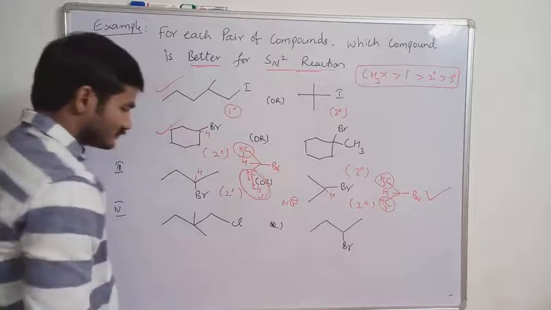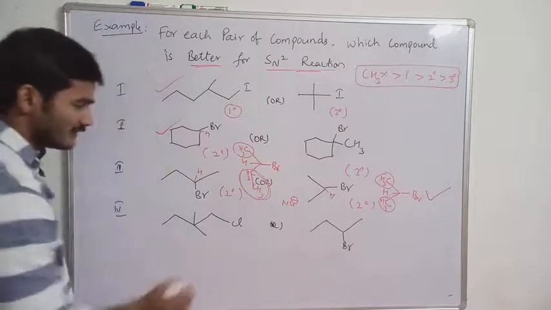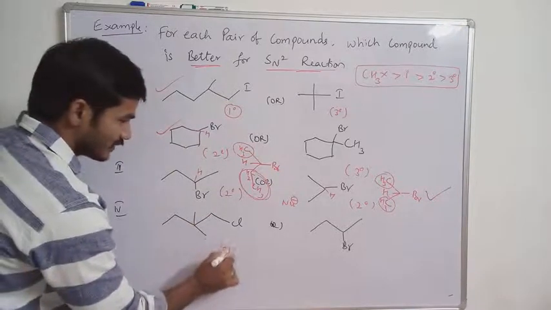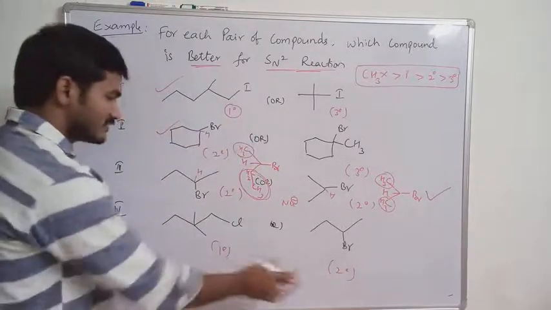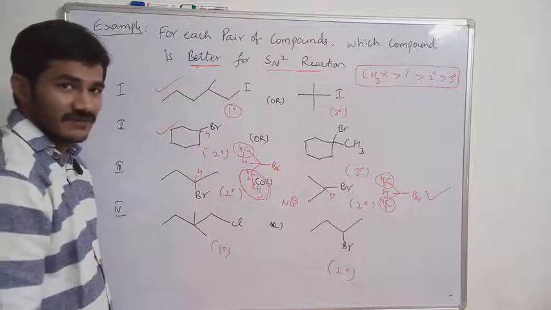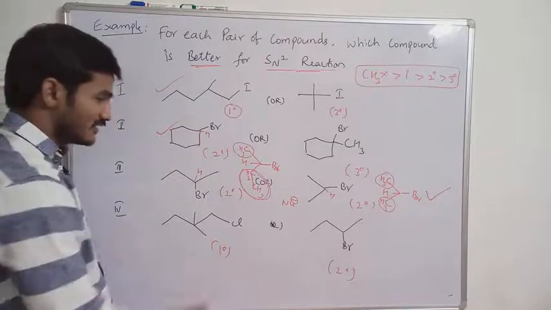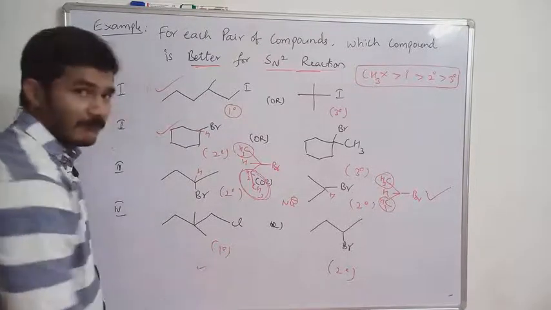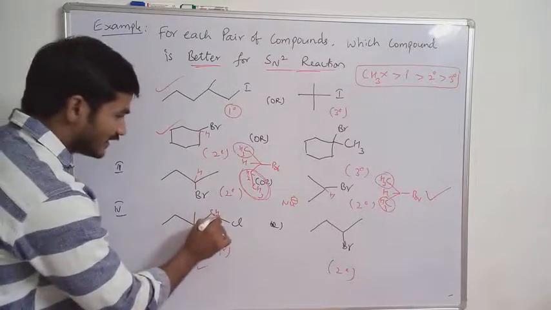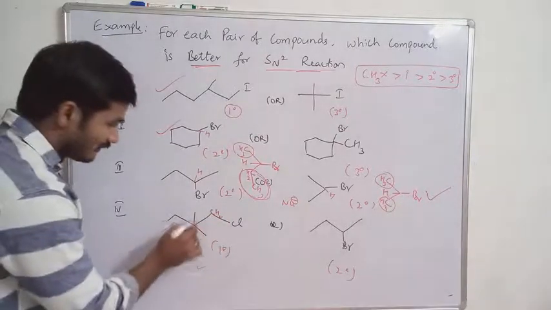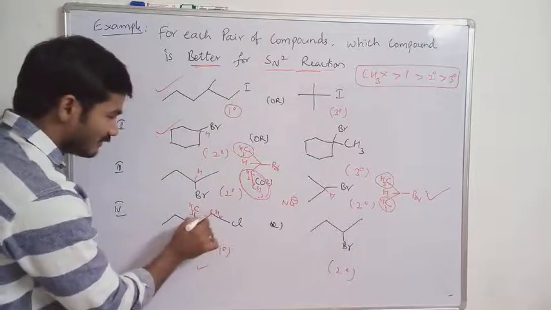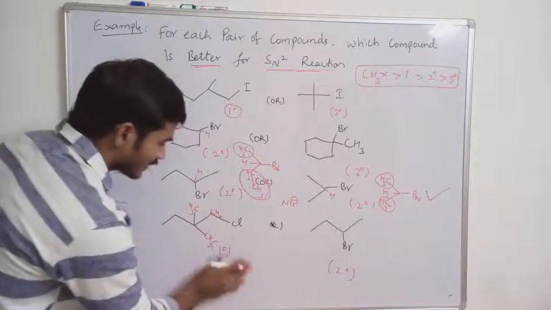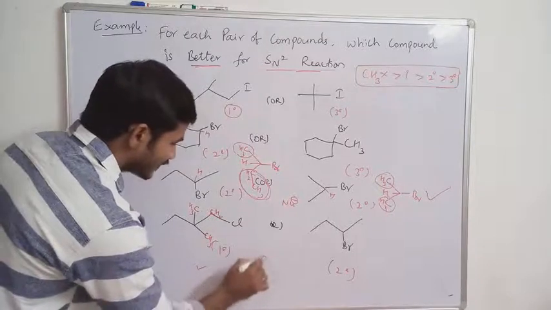Among these two molecules, which is more reactive? This is primary. This is secondary. Primary versus secondary: generally, what do we write here? Primary is better. But if you observe this, at the primary carbon we have high hindrance. When the nucleophile has to attack, it has to attack from the back side.